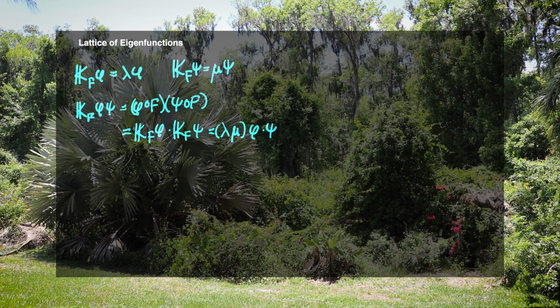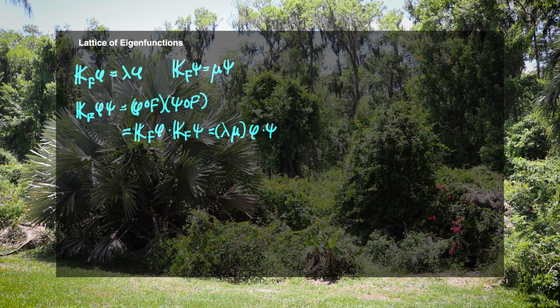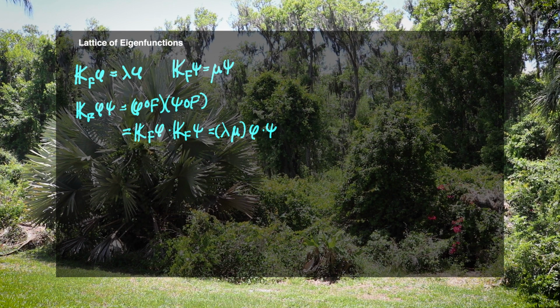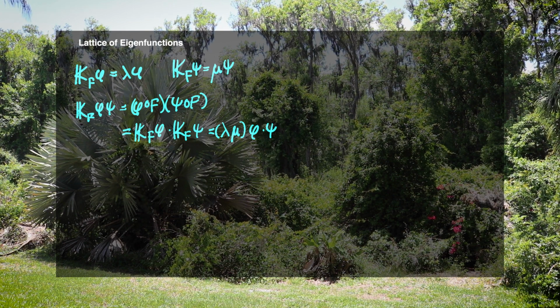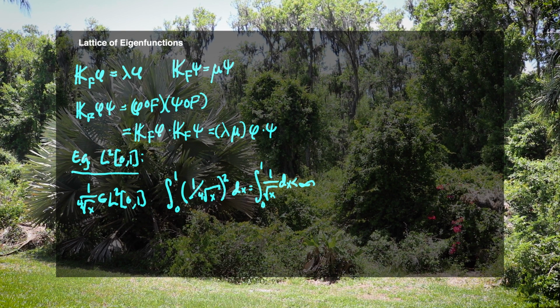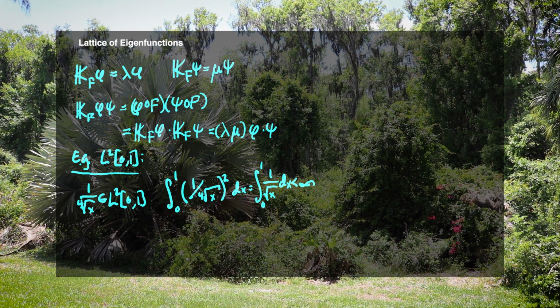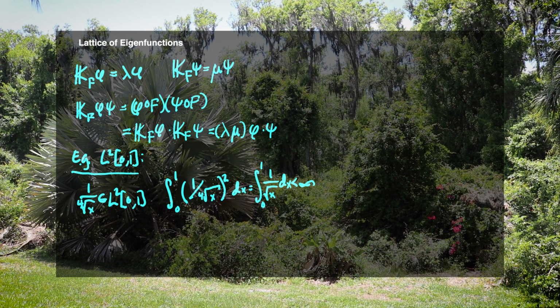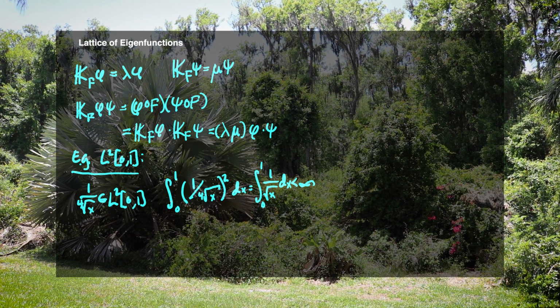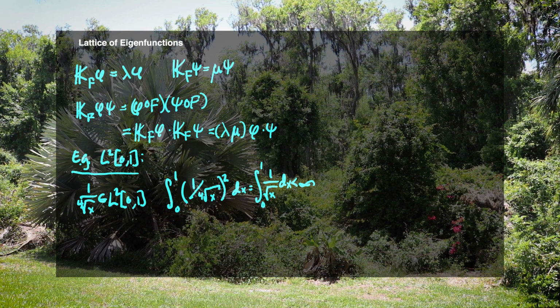Hilbert spaces are generally spaces that look a lot like L2, and L2 functions, if you take their product, don't necessarily land back in L2. In L2, if you want to see an example, you just take 1 over the 4th root of x, and if you take its norm, then that's just the integral from 0 to 1 of 1 over the square root of x, and that's finite.